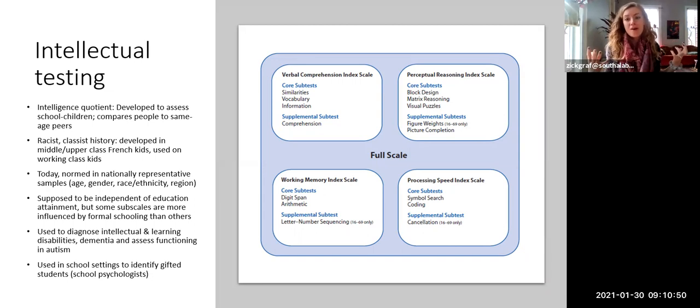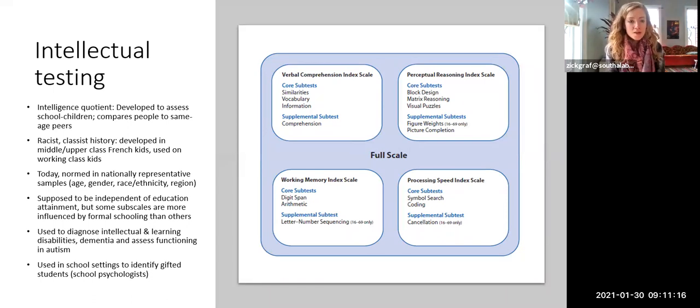So for example, how is music like the tides is one question. And you don't necessarily need to have a lot of formal education to be able to reason about that question and come up with an answer. So the similarities subscale of the VCI is less sensitive to educational attainment than the vocabulary subscale of the VCI or the arithmetic subscale of the WMI, the Working Memory Index.